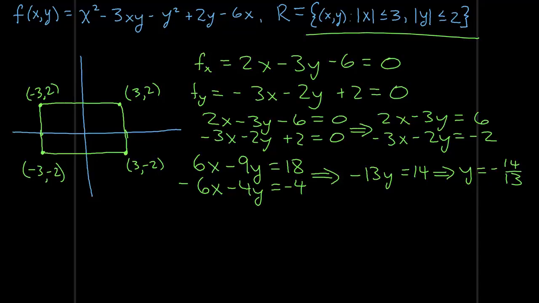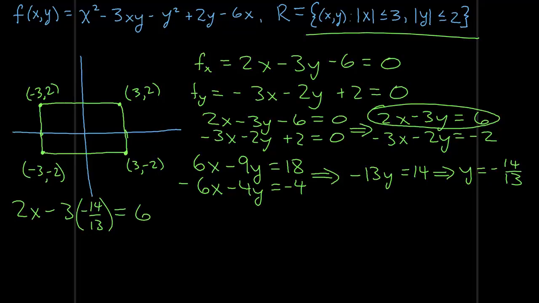Okay? Now, what I want to do now is I need to find out what the x is. So I've got the y, I need to find out what the x is. So I'm going to plug back in anywhere. Let's say, I guess I'll plug into this one right here. I've got 2x minus 3 times negative 14 13ths equals 6, and what I want to do is just solve for x.